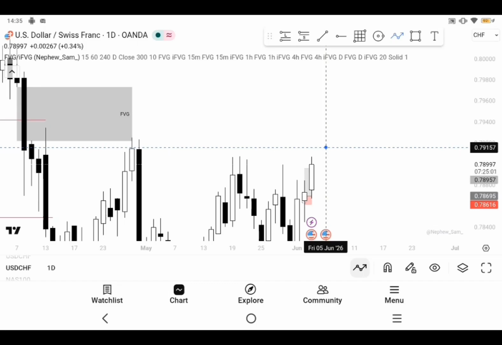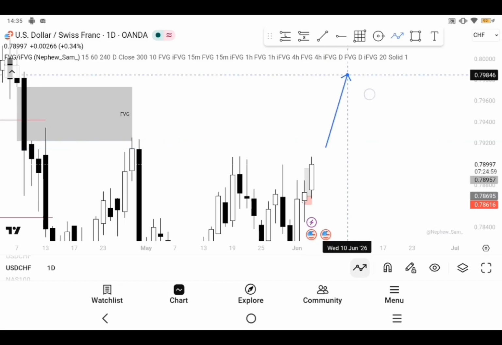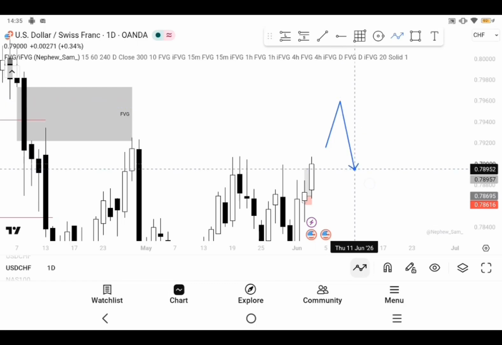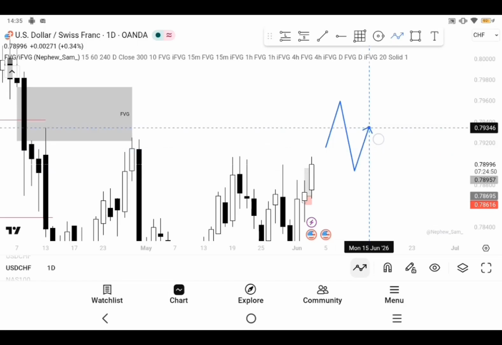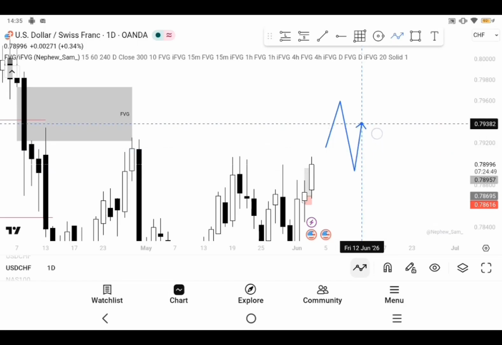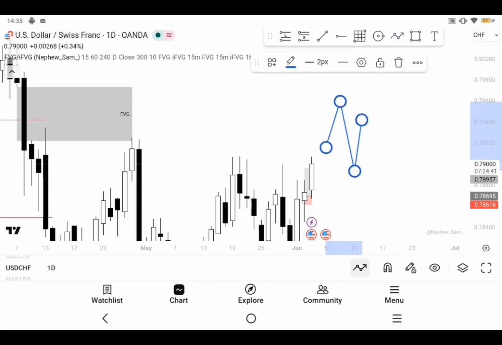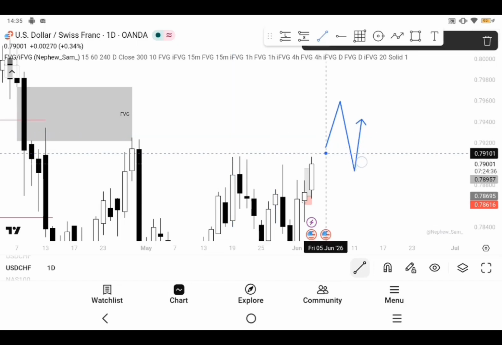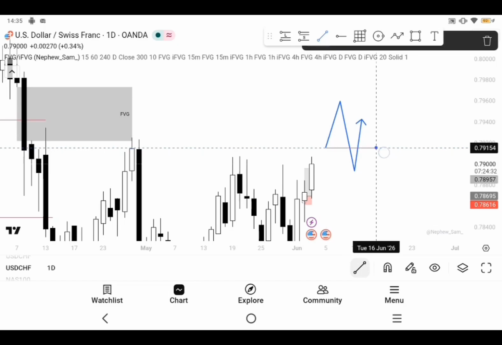It will do something like that, that's the support. Then it does something like this, it breaks through, then it continues. Now this particular area is a support and it has been broken through. So now it turns into a resistance from this particular area, because this is the support initially, and it breaks through and this becomes a resistance now.